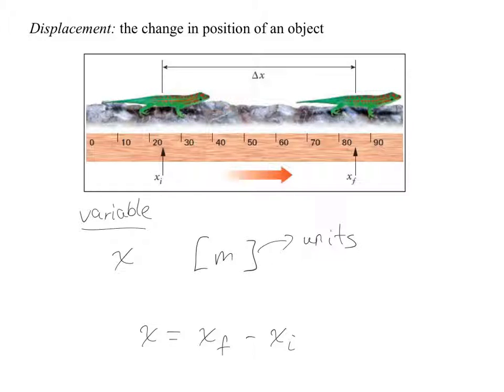So this is the key. For displacement, the direction of motion matters. To the right is positive. To the left is negative. But for distance, direction does not matter. Maybe jot that down. For distance, direction does not matter.